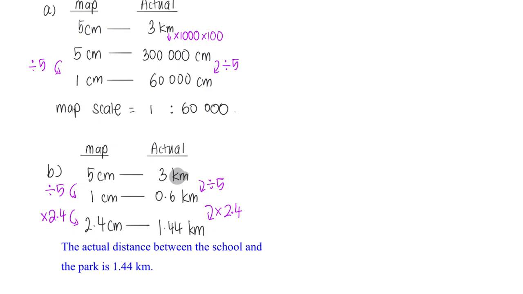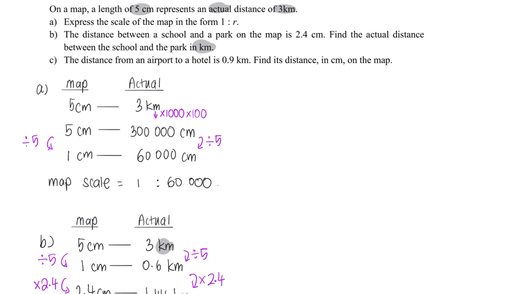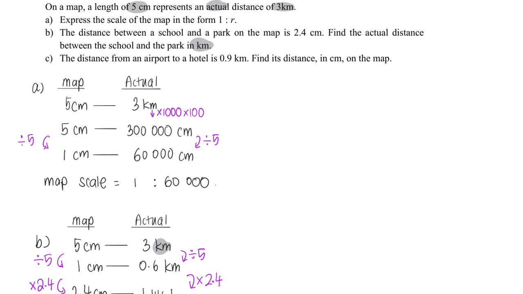Part C. Let's take a look at Part C. Part C gives us the actual distance from an airport to a hotel, which is 0.9 kilometer. For Part C, this is how I would approach.